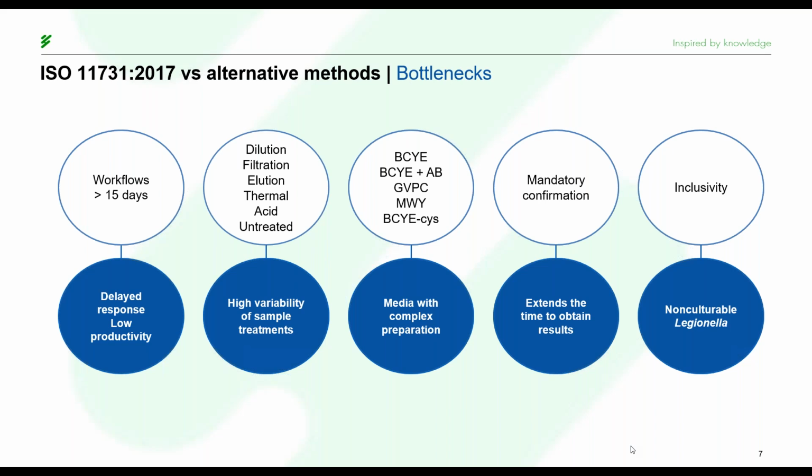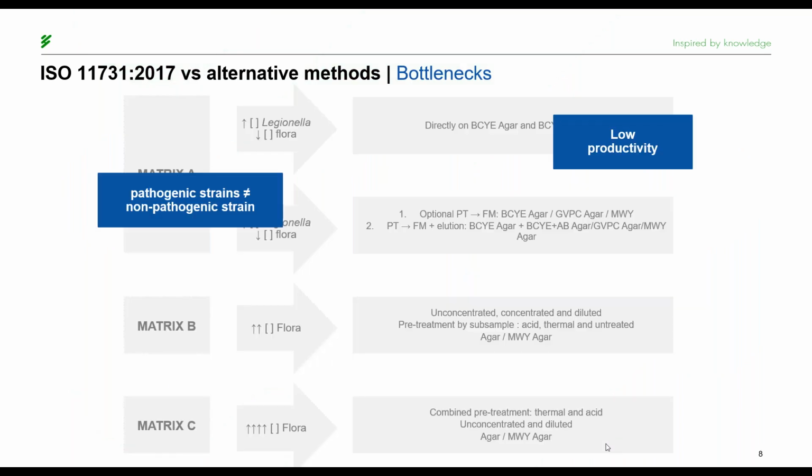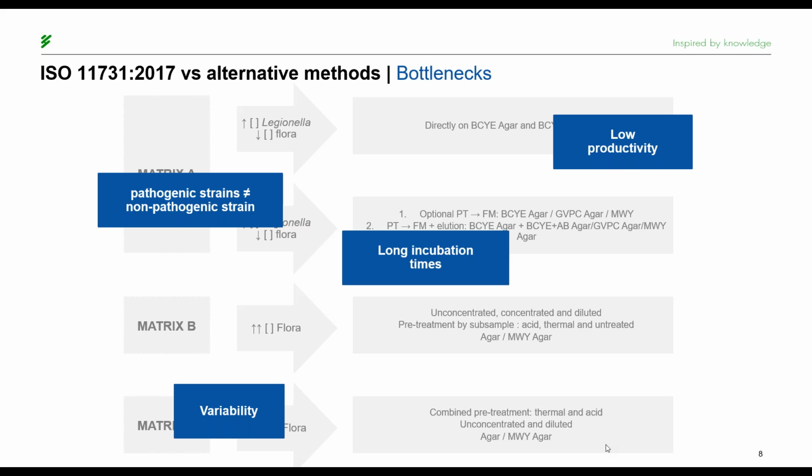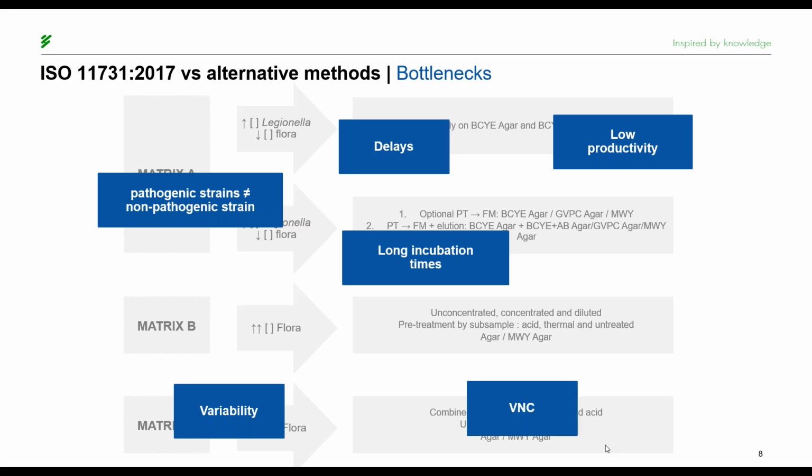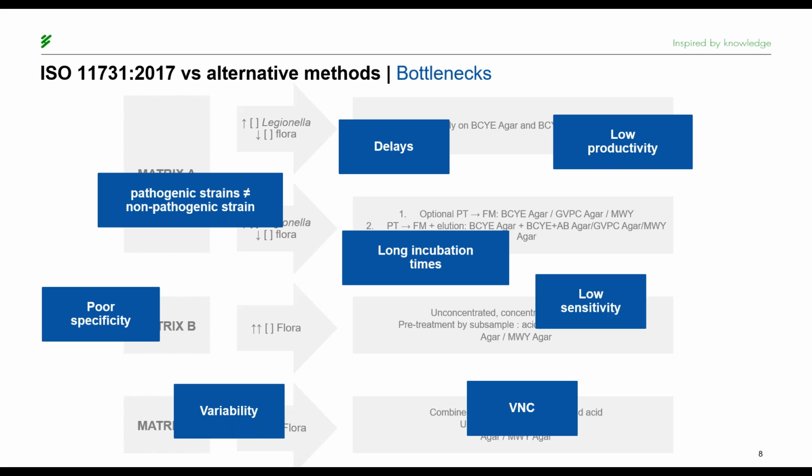Five different media that are complex to prepare, which again affects time and resources, mandatory confirmation that lengthens the obtaining of results, and an important part that sometimes is forgotten, inclusivity, since some Legionella cannot be cultivated in this culture media. So in other words, we have delays, variability, lack of differentiation between pathogenic and non-pathogenic strains, viable cells that are not cultivable, and other problems that we encounter with the traditional method.